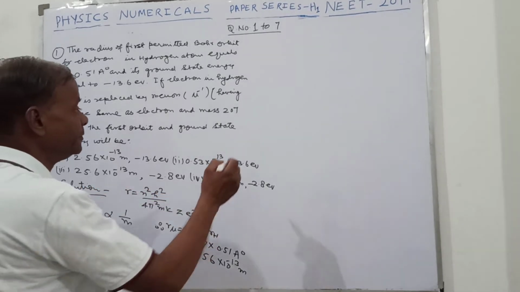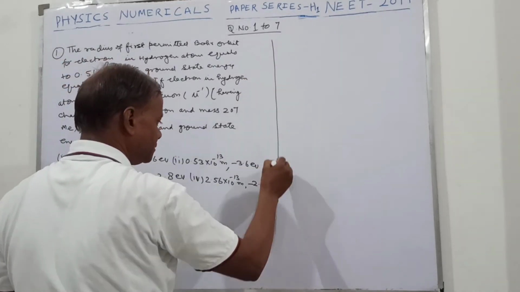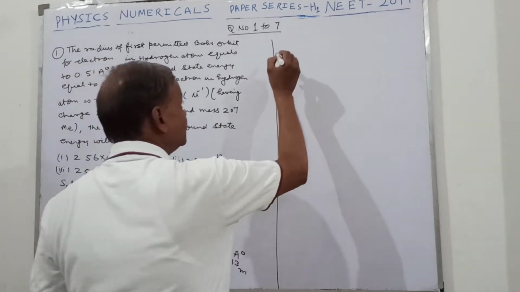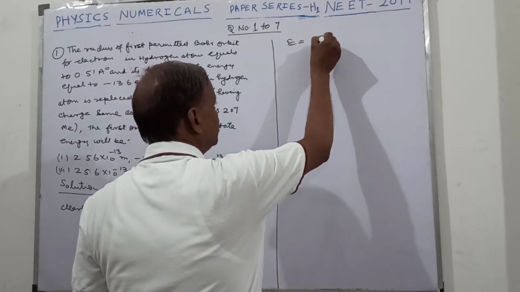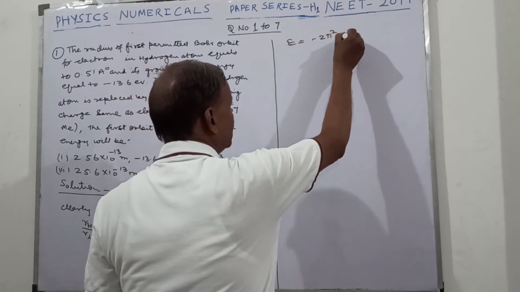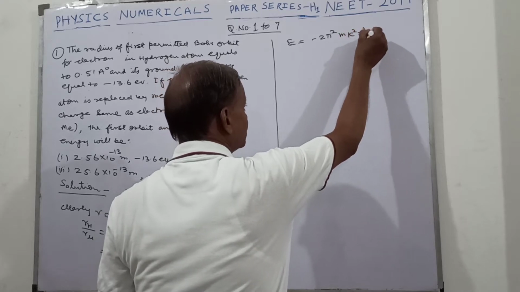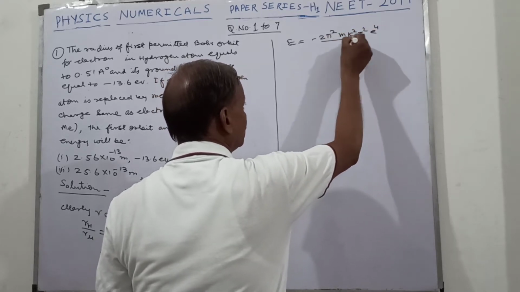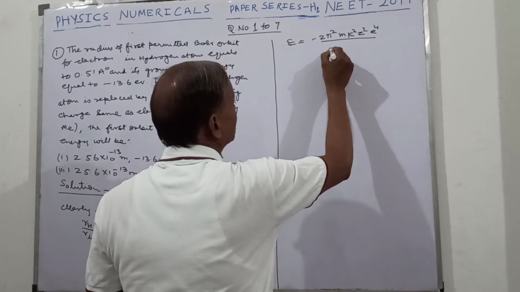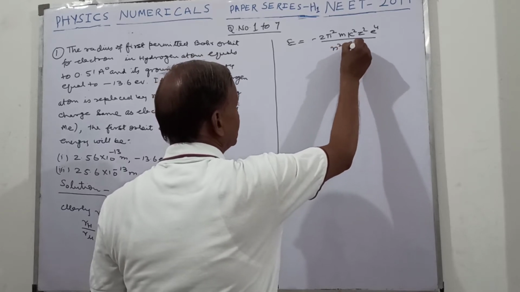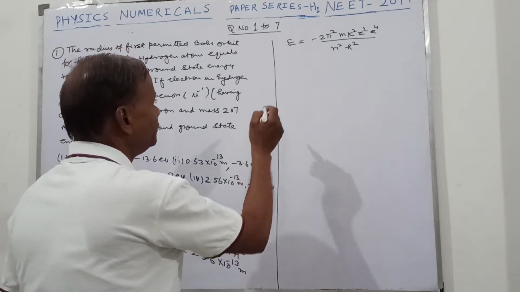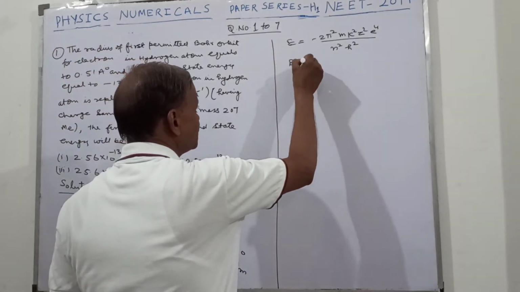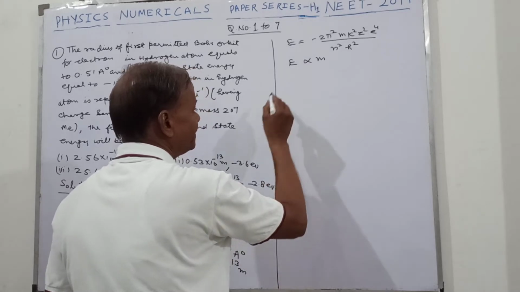Now we have to confirm the energy. Energy E equals 2 pi squared m k squared z squared e to the power 4 upon n squared h squared. So now we know that E is proportional to m.